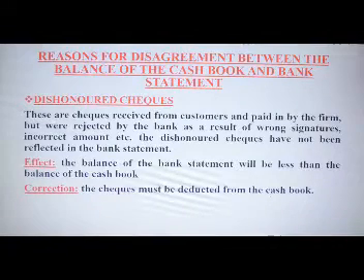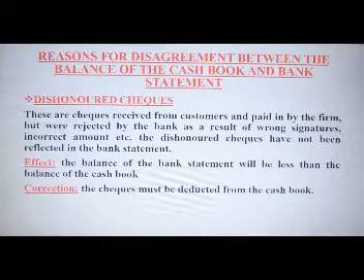Alright, and that's what makes it a dishonored check, unlike our uncredited check that was not taken to the bank at all. Dishonored check was taken to the bank, but the bank rejected it as a result of several reasons you can see on your screen. So that check will no longer reflect in our bank statement.